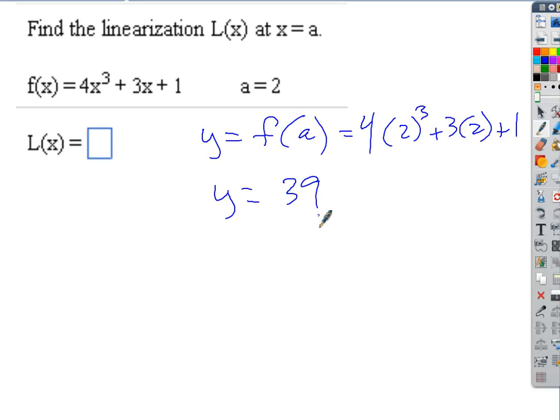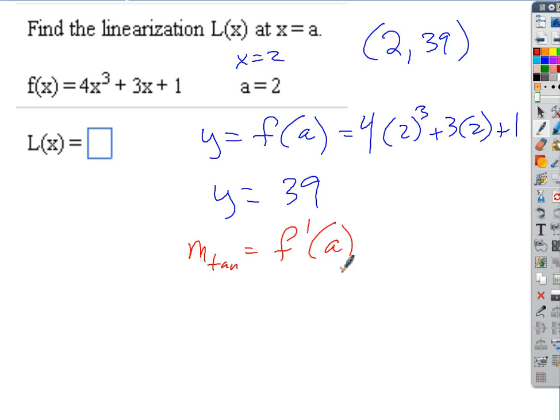So the derivative of the function, f prime of x, is what, 12x squared plus 3? So f prime of 2, a is just 2. It'd be 12 times 2 squared plus 3. So that's equal to, what did you say it was, 51? Yeah, 51.